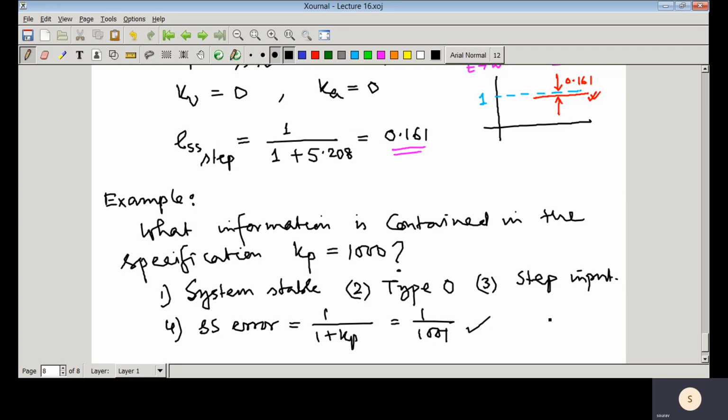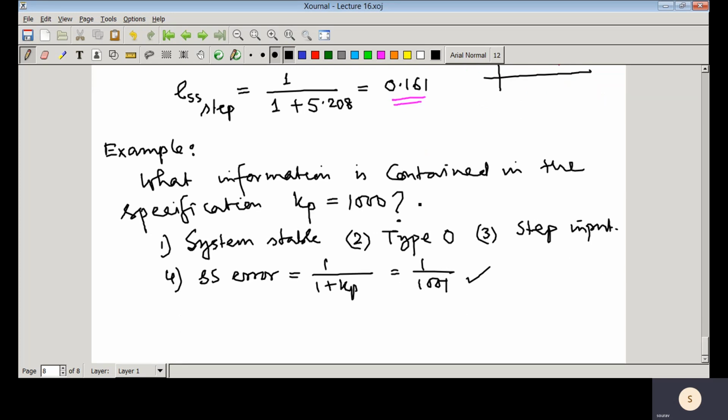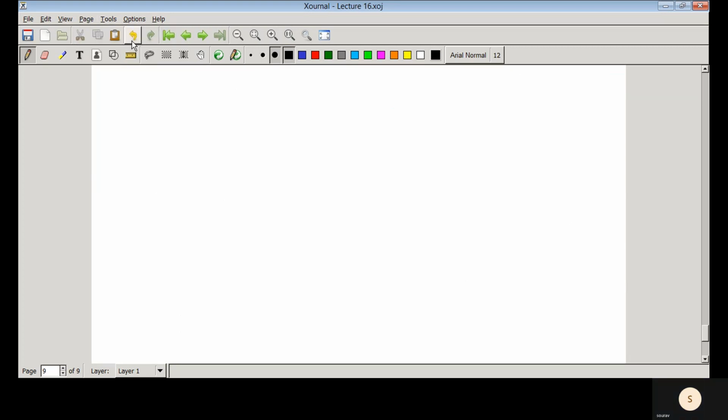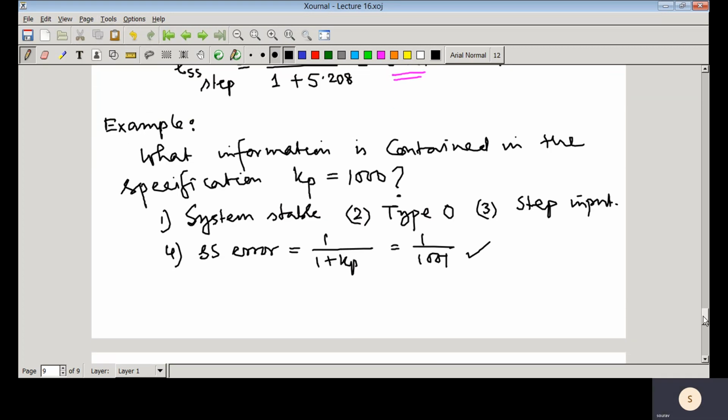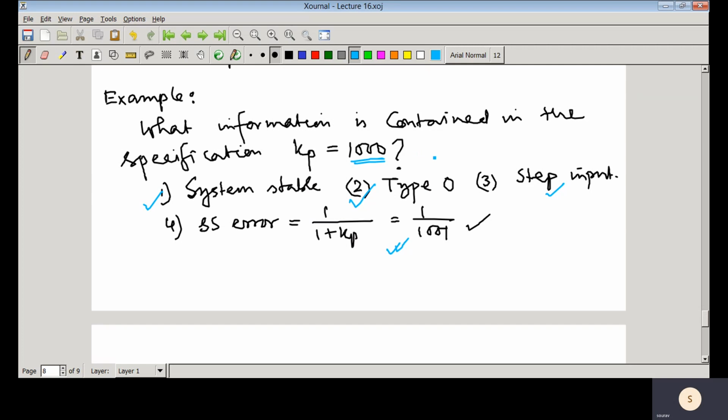So in a particular problem, if it is said that the position constant Kp equals 1000, it implies that the system is stable, because all those constants are defined for stable systems. It is a type 0 system because it is a constant. The input that you will be applying is the step input, and the steady state error equals this. So from this particular information, we can have those 4 pieces of information.